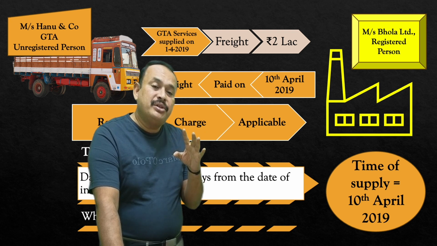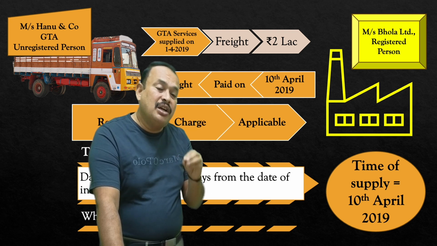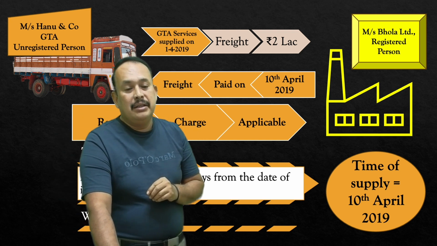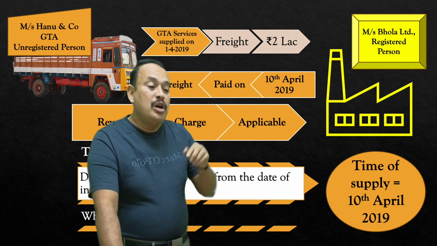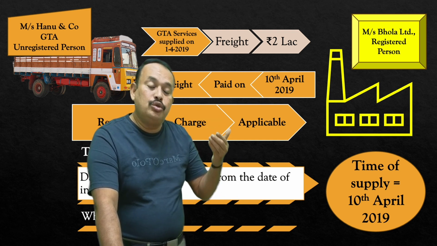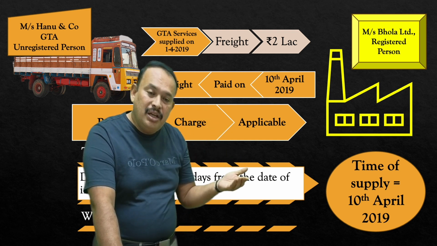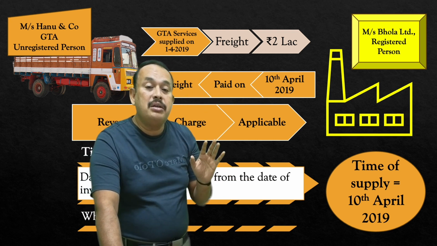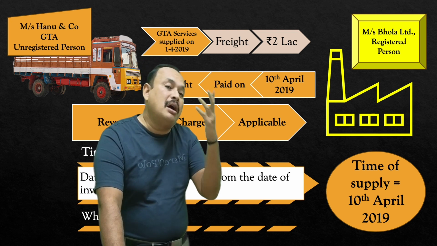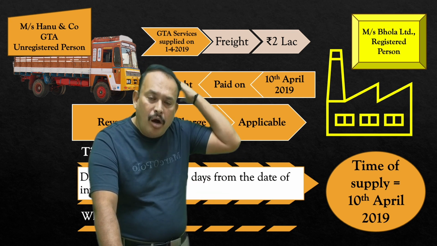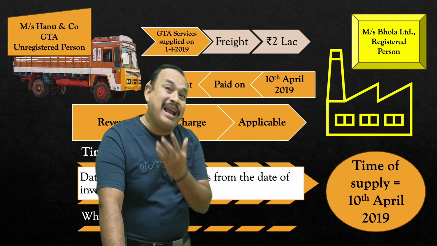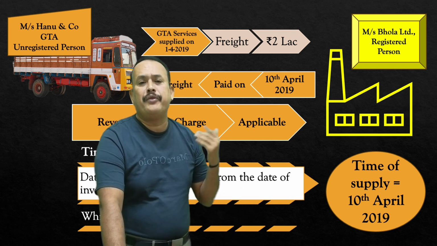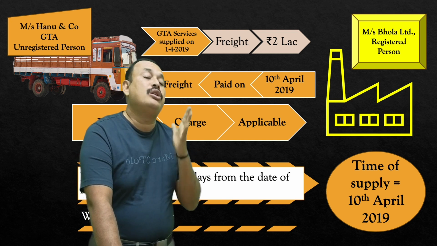That means it is in the financial year 19-20. If you want to avail the ITC in the year, for example, 24-25, ITC is not allowed because this is a time-barred claim. The time of supply took place long back in 19-20 itself. Now you are asking in the current financial year, maybe 24-25, then ITC is not allowed.